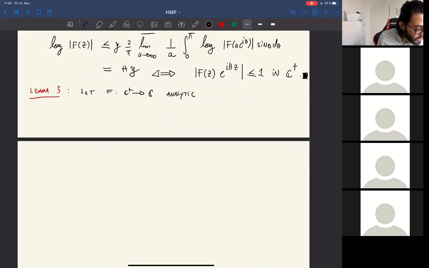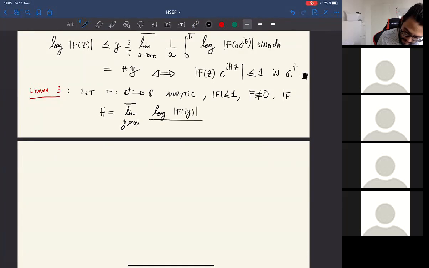Analytic, f less or equal to 1, f not identically 0, then if, again, capital H equals the lim sup when y goes to infinity of the log, again, this is a non-positive number, then h is indeed greater than minus infinity.